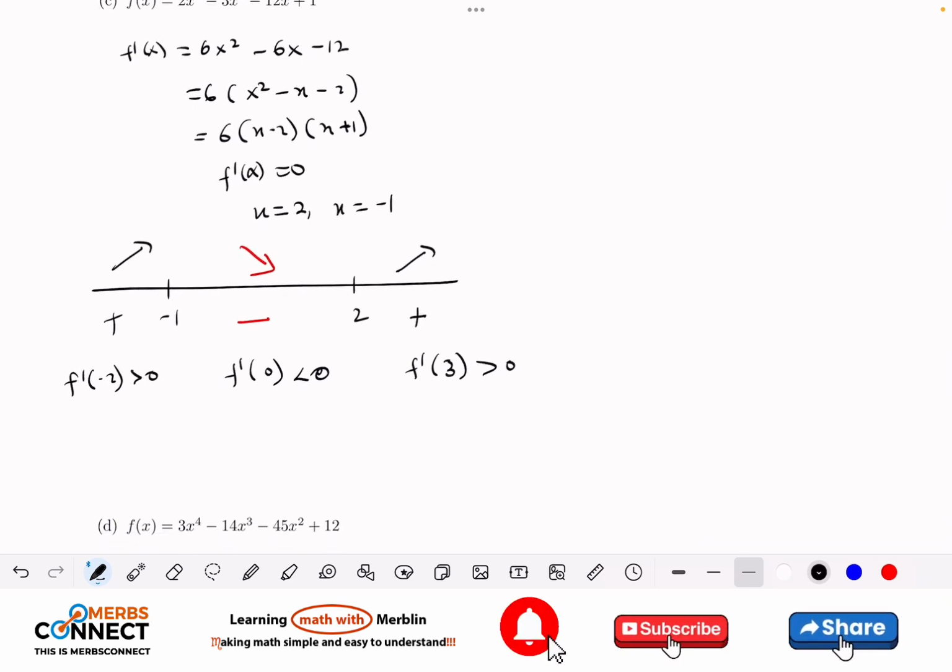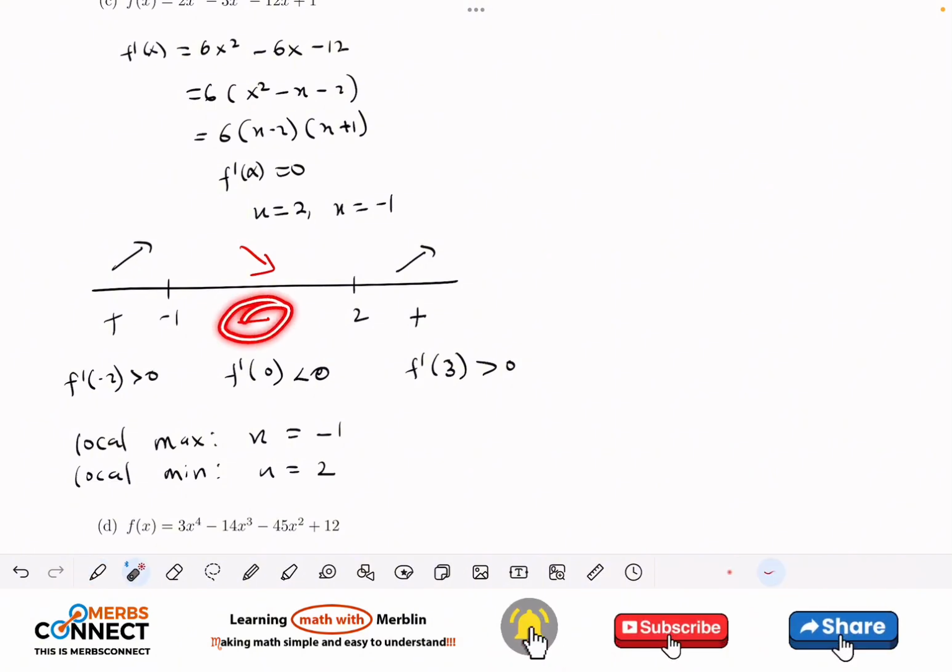Now we can look for local max. So the local maximum is at x equal to minus 1, right? And then the local minimum is at x equal to 2, because we have the minus and positive, which is like the graph is turning like this, and for the maximum the graph is turning like this, right?